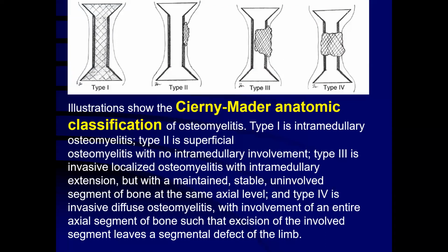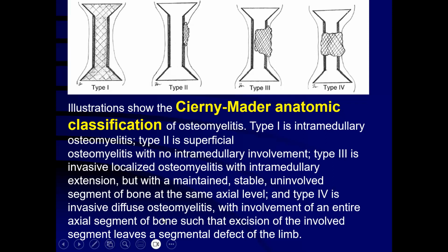And I repeat, type 1 is intramedullary osteomyelitis. Type 2 is superficial osteomyelitis with no intramedullary involvement. Type 3 is invasive, localized osteomyelitis with intramedullary extension, but with maintained stability.